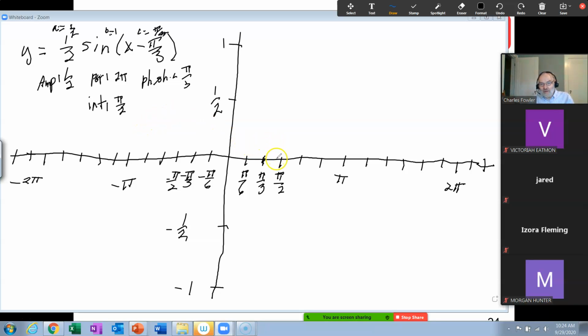So we'll go 1, 2, 3, and by this time it's gone up to the amplitude, 1/2. 1, 2, 3, it comes down to the x-axis again. 1, 2, 3, it goes down to minus the amplitude, minus 1/2. 1, 2, 3, it comes back to 0 again.